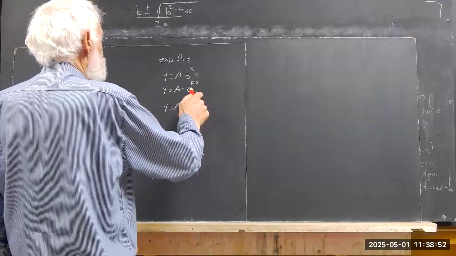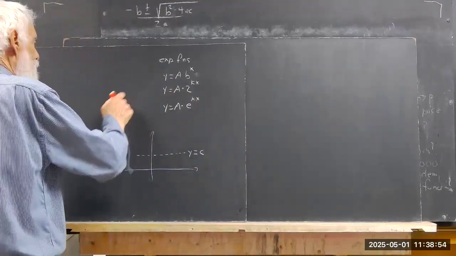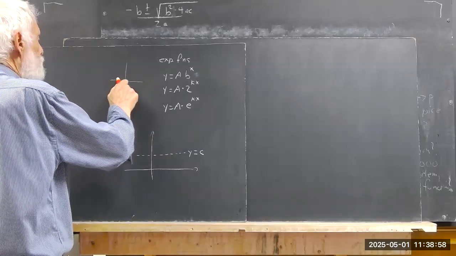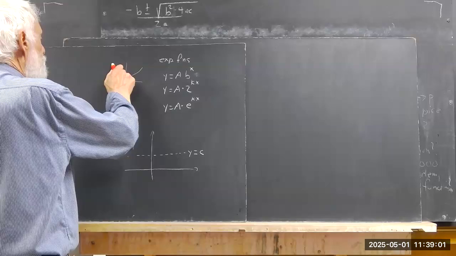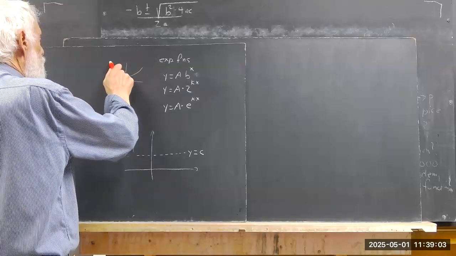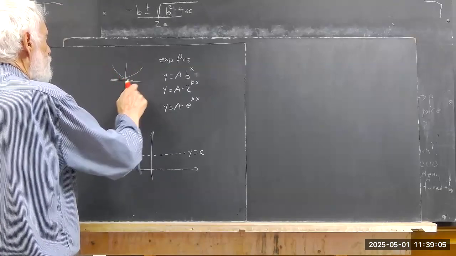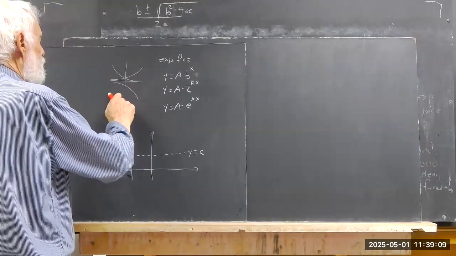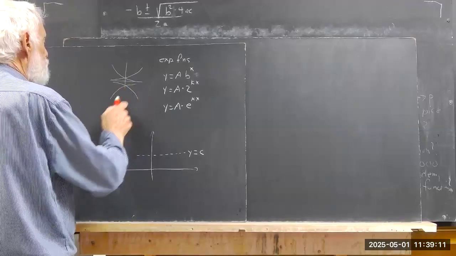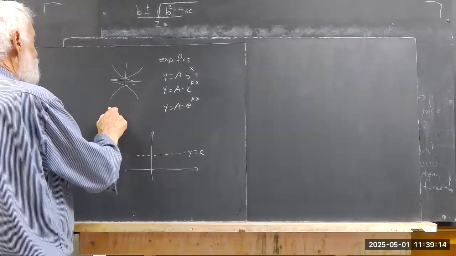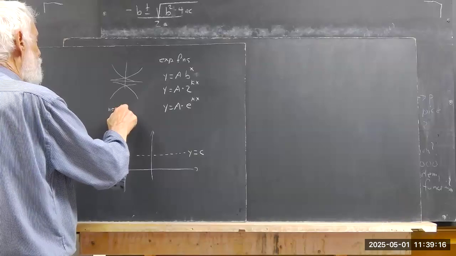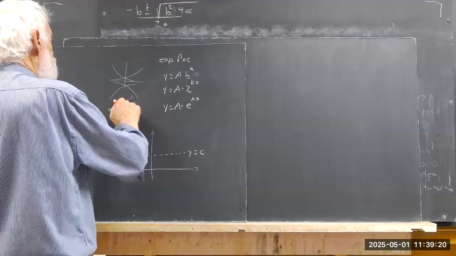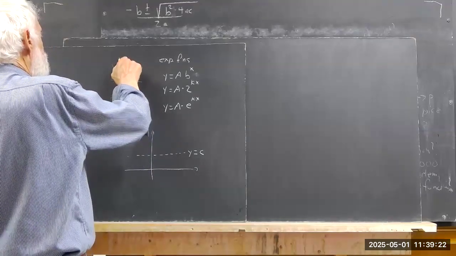Y equals AB to the X, of course, as a graph, as do any of these, might look like this, or it might look like this. And if A is negative, it might look like this. So negative A would be here or here.